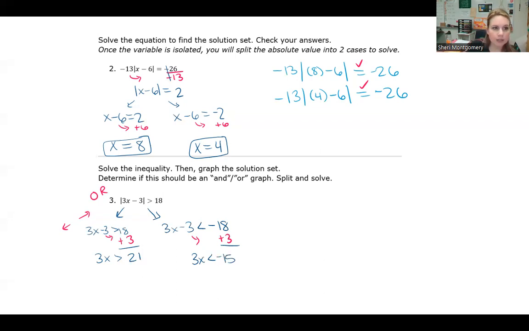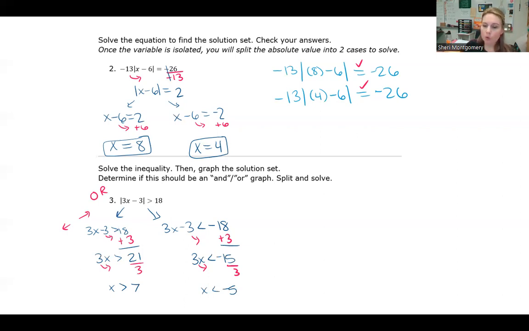Good job. And our very last step, we're multiplying by 3, so let's divide by 3, divide by 3. 21 divided by 3 is 7. And negative 15 divided by 3 is negative 5.